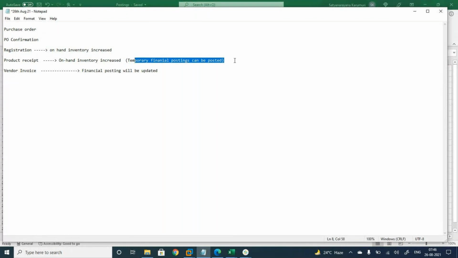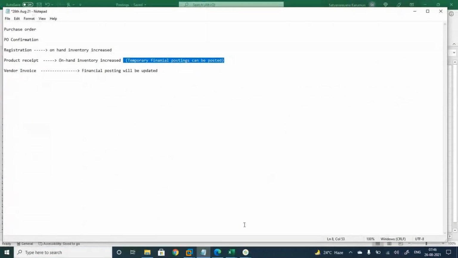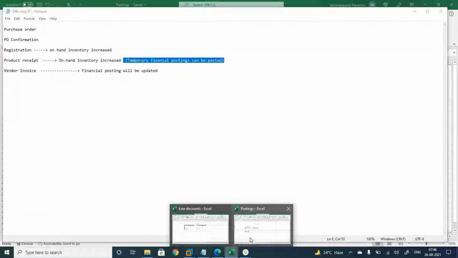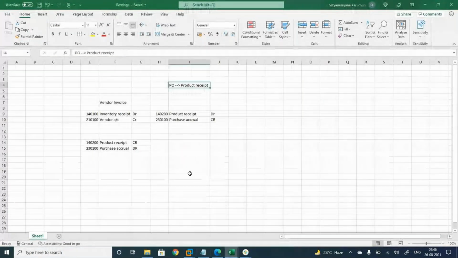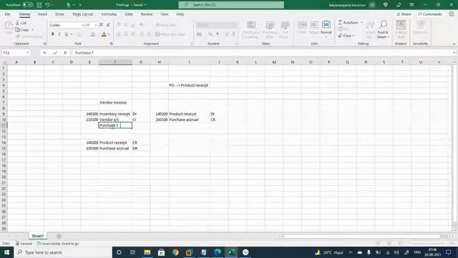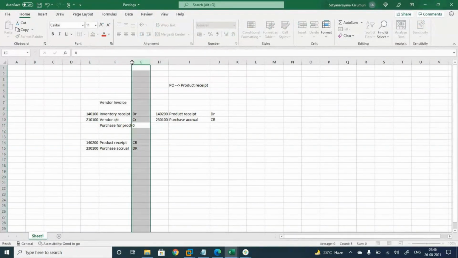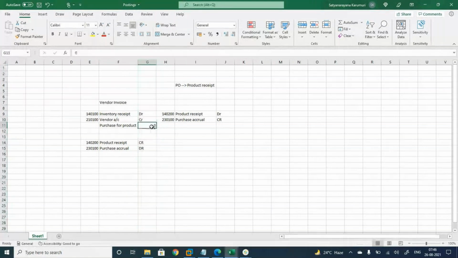Instead of 3 lines, we were getting 5, right? Exactly. And these postings are purely for reporting purposes. In general, it is purchase expenditure for product, and only these 3 lines are posted.